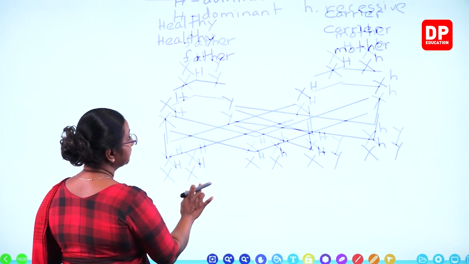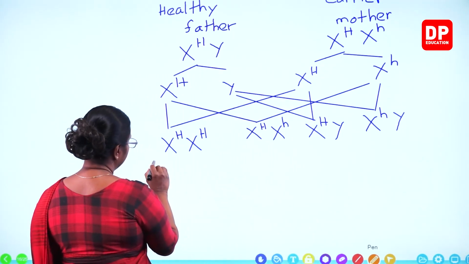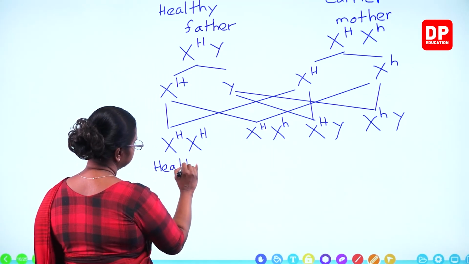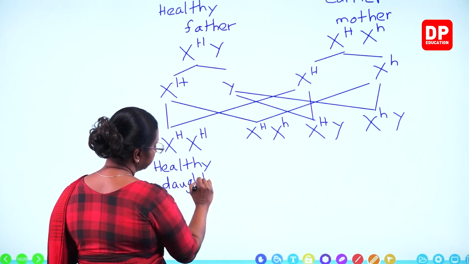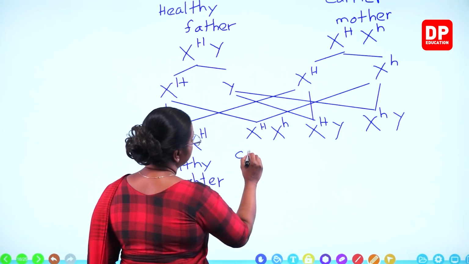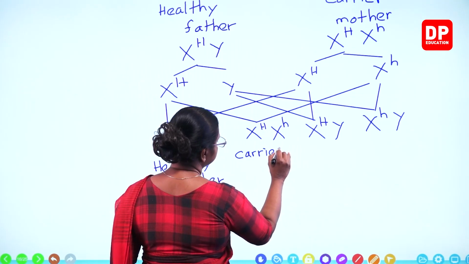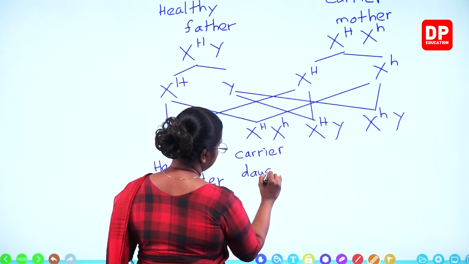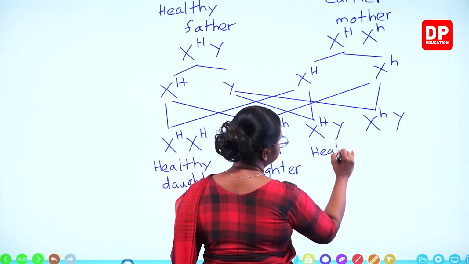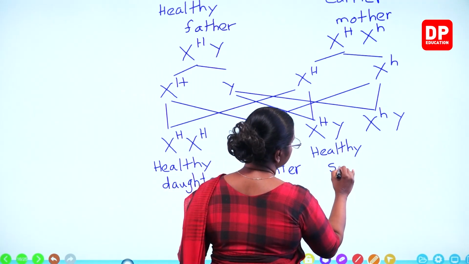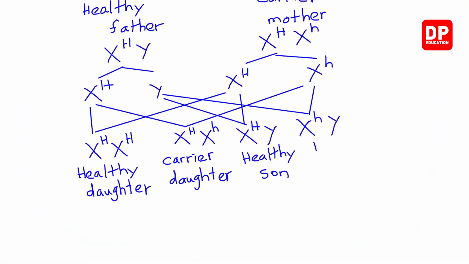Here we have healthy daughter, carrier daughter, healthy son, then hemophilia son.